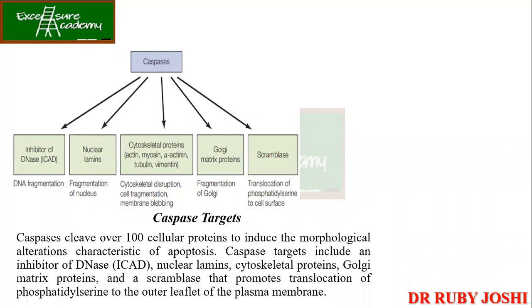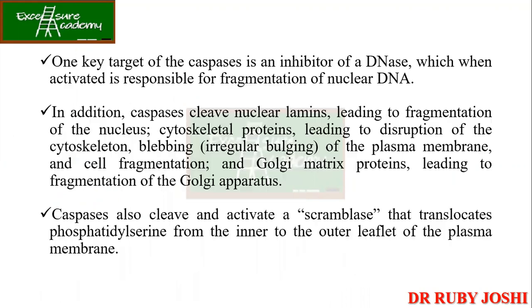So we know that PS, phosphatidylserine, is present in the inner leaflet of the plasma membrane. पर अगर वो cell apoptosis के लिए जा रहा है, then you can see that this scramblase is going to bring the phosphatidylserine to the outer membrane. So we have discussed this with the help of the diagram also in the previous lecture. थोड़ा सा अगर doubt है तो आप पीछे जा सकते हैं, इसको सुन सकते हैं, ठीक है?